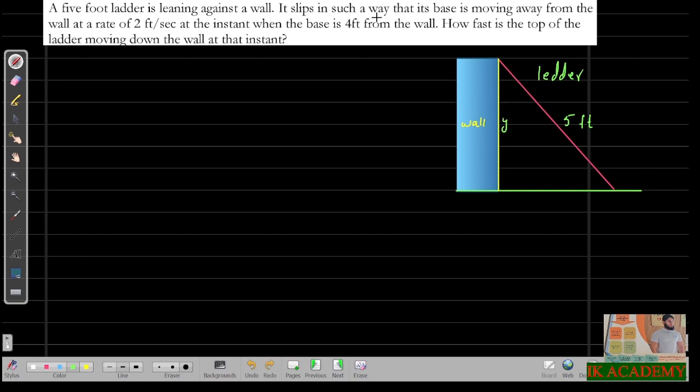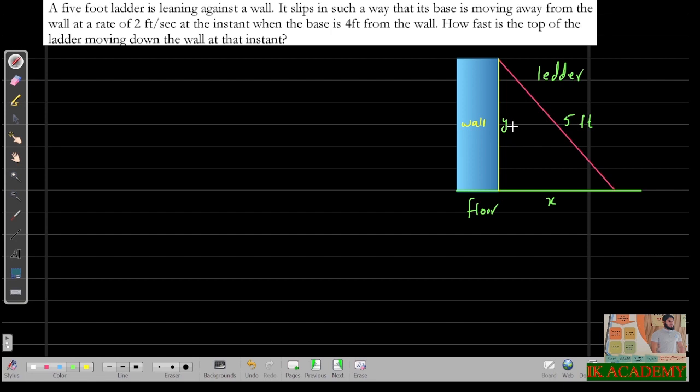It slips in such a way that its base is moving away from the wall at the rate of 2 feet per second at the instant when the base is 4 feet from the wall. Here I can name the x-axis or base. Here is the floor and here is the perpendicular, which is the wall.